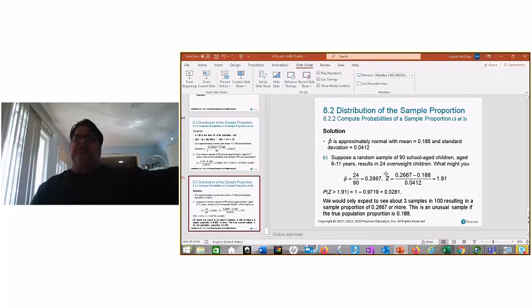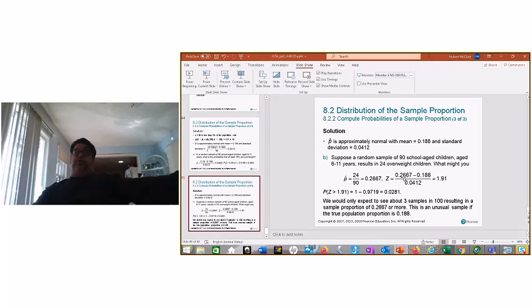In this case, since it's 8.2, and the question is written differently, they're going to give you 24, and you've got to go back and recalculate p hat, which means you've got to recalculate q hat. So q hat would be 0.7333, and plug and chug with your standard deviation right here.